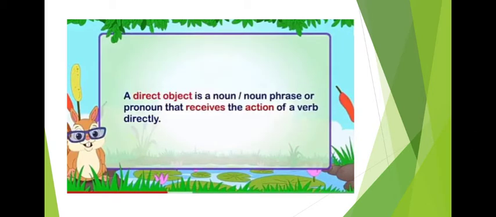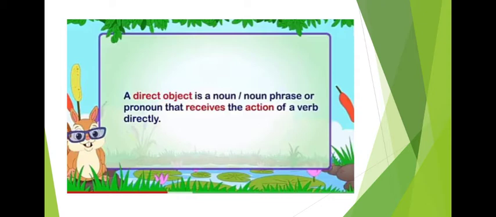Now let us first see what is a direct object. So a direct object is a noun or a noun phrase or pronoun that receives the action of a verb directly. Now remember, I told you in the last class how to identify an object. We just have to ask the question what or who, right? So that is a direct object.